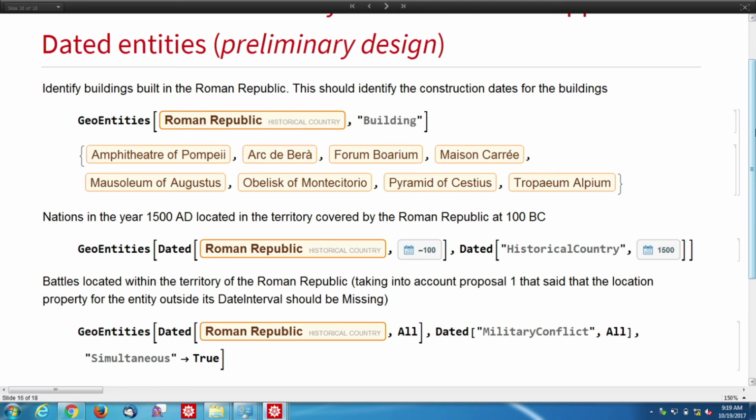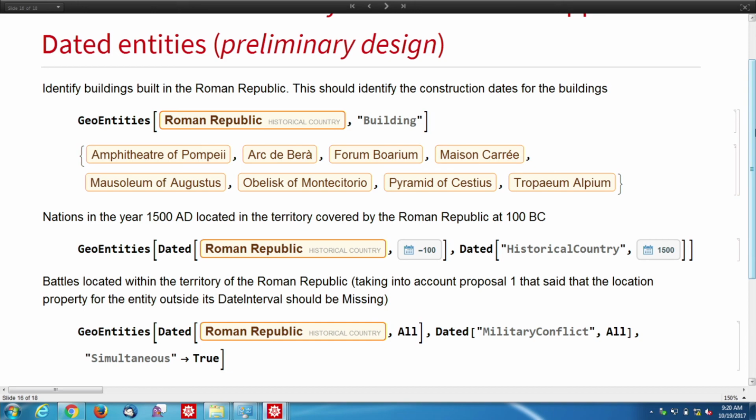We had a meeting about this recently that takes into account the date in the geo entities. We need to have this like I did with the people born in the Roman Republic. For instance, if I plan to ask what nations in the 15th century were located in the territories of the former Roman Empire, this is something we currently can't do.